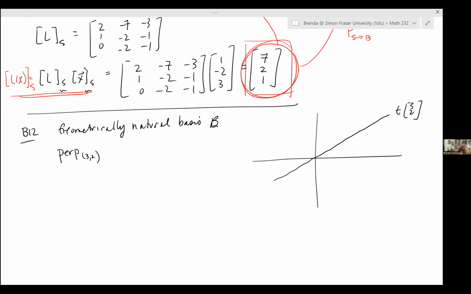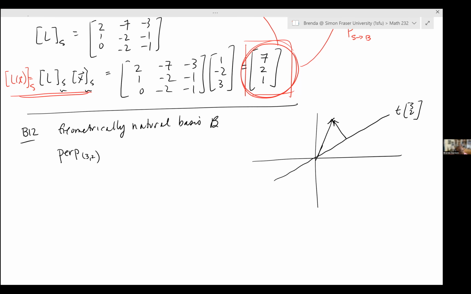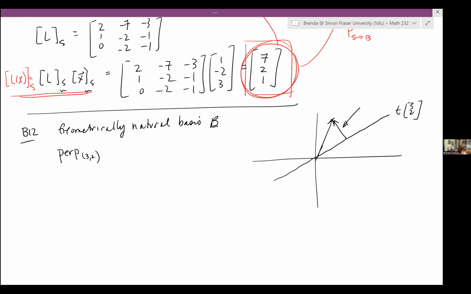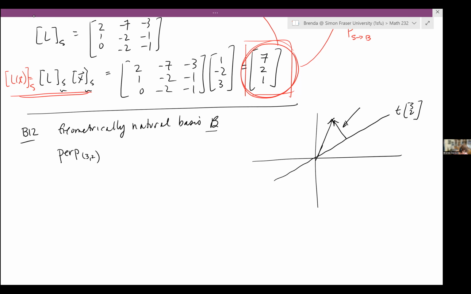We consider any other vector in the plane, do an orthogonal projection down onto the line, and then find the perpendicular component. Set up a matrix to do this, and set up that matrix in what would be a natural basis. So what does this mean? Well, think about what is an obvious basis to pick.